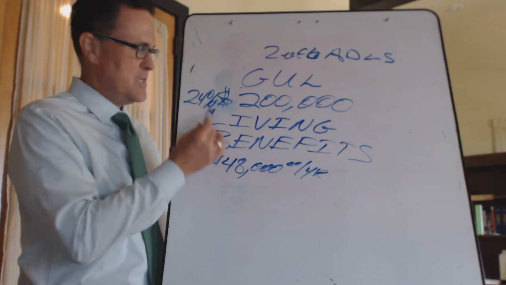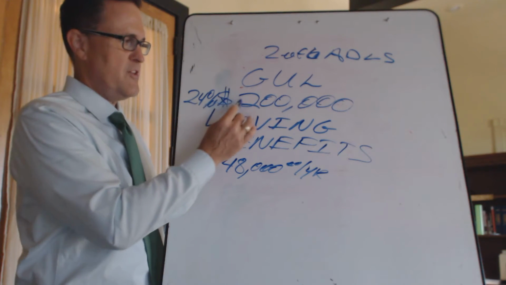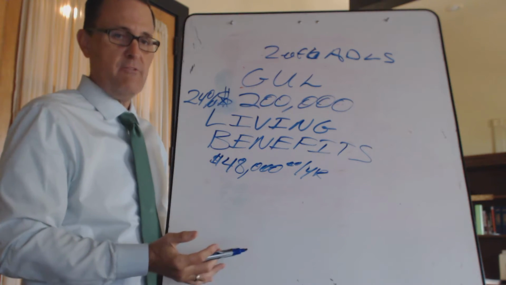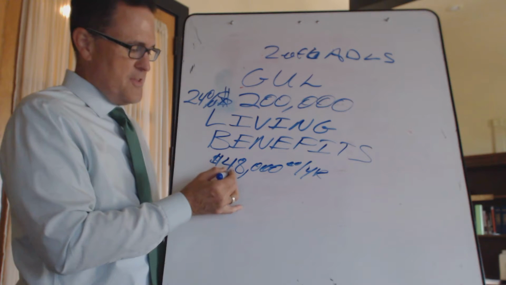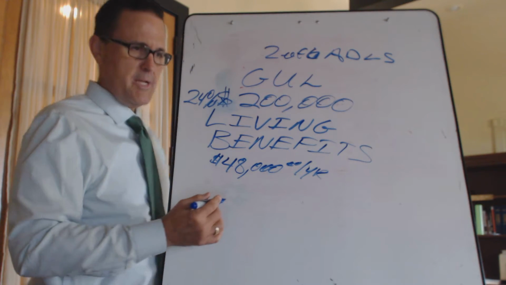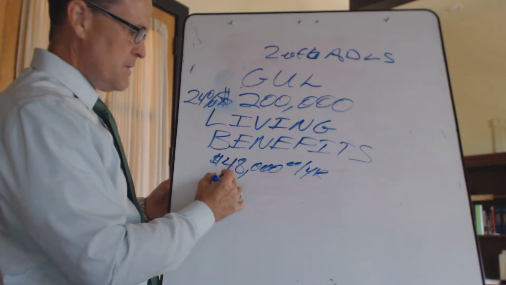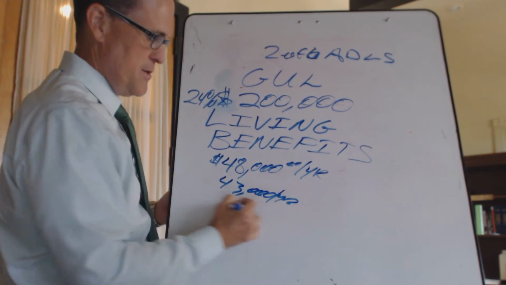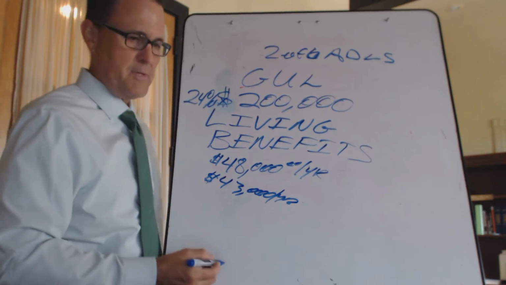And with this policy, again, 24% of the death benefit, and of course, the higher the death benefit, the more coverage you're going to have. But then if that $5,000 scenario were to take place, then you would have $43,000 left that year to apply towards long-term care.